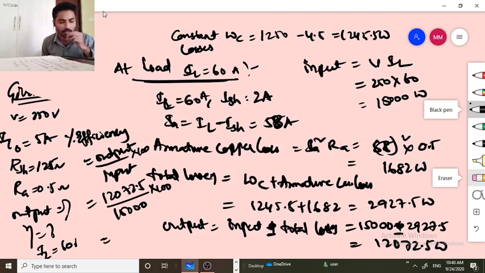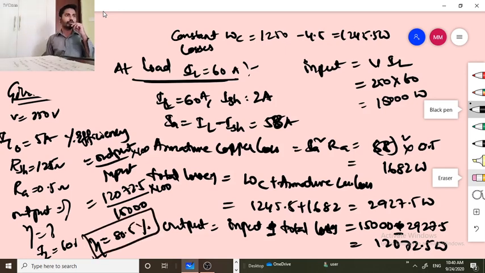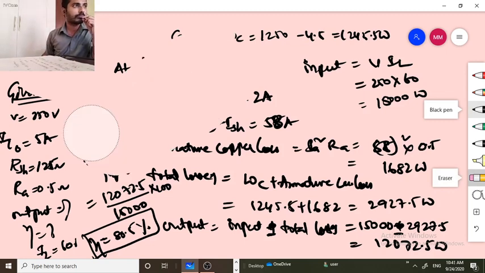So we'll get efficiency as 80.5%. Okay. So in this way you can do the problem. So I will give a homework problem based on this. So is it clear so far? I think it is clear. Summarizing this.